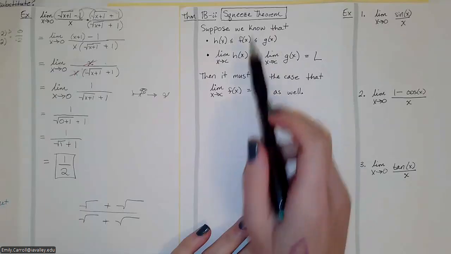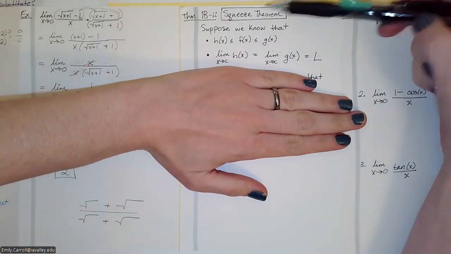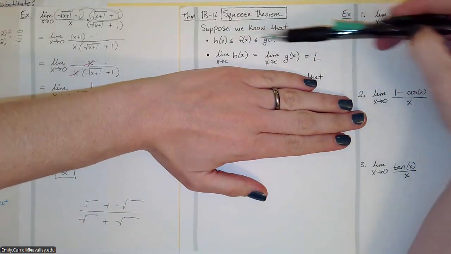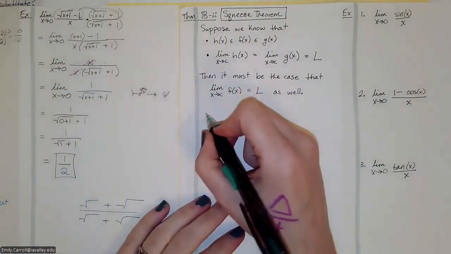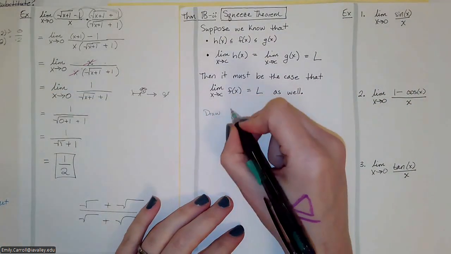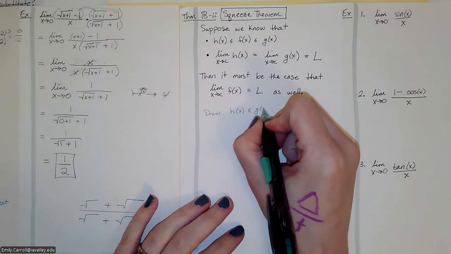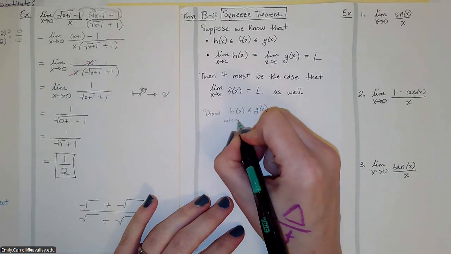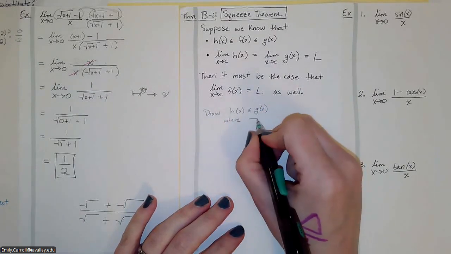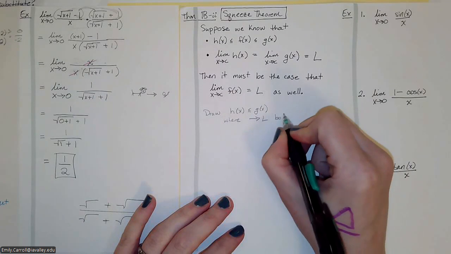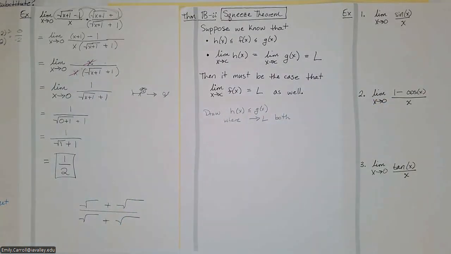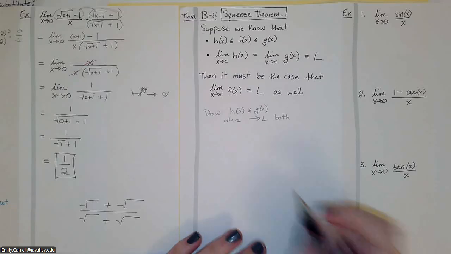First, let me consider this for just h and g. I need to draw some function h of x less than or equal to g of x, where they both go to L. That means they're meeting up at some point, even though g is usually bigger than h.